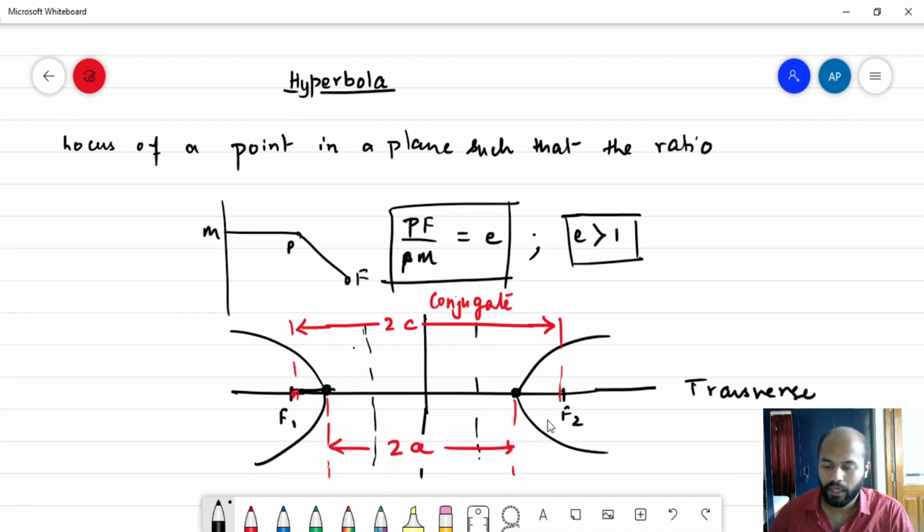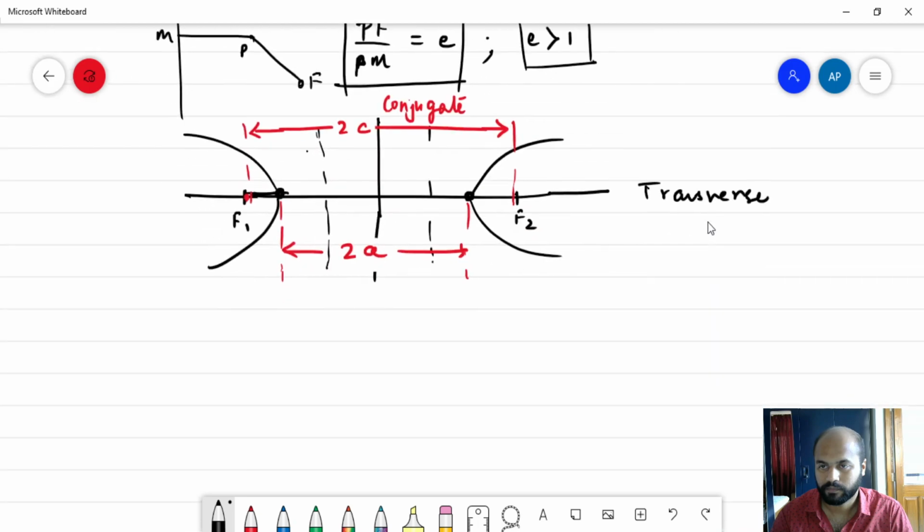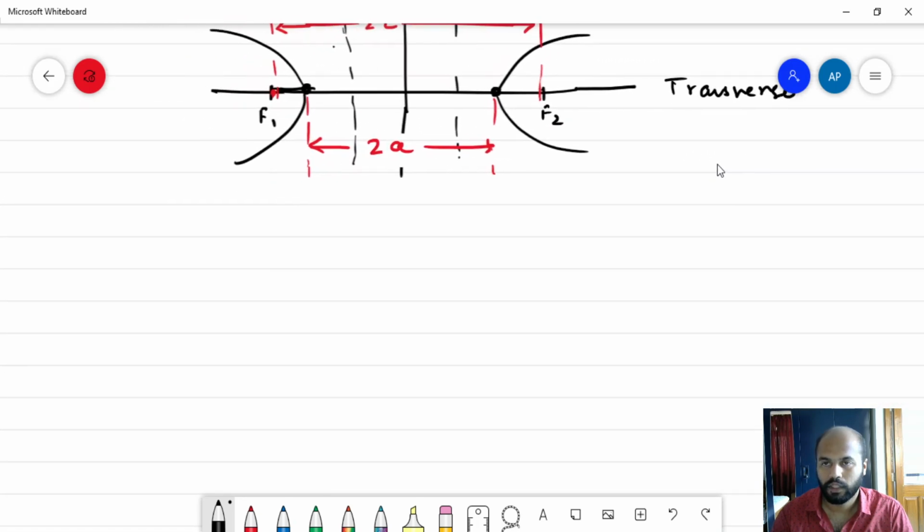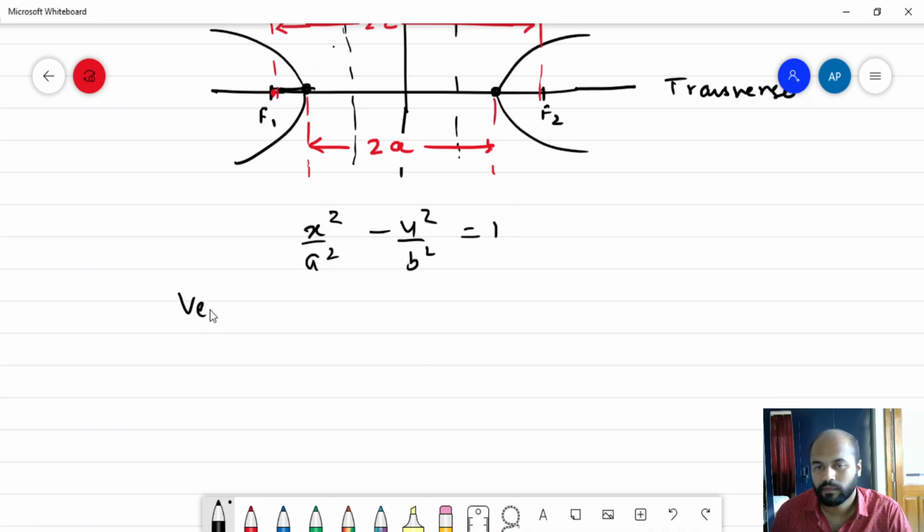So let's have a look at all the specifications. The equation of the hyperbola is given as x square by a square minus y square by b square is equal to 1. The vertices, as you can see, could be mentioned at plus minus a, comma 0 in this case.